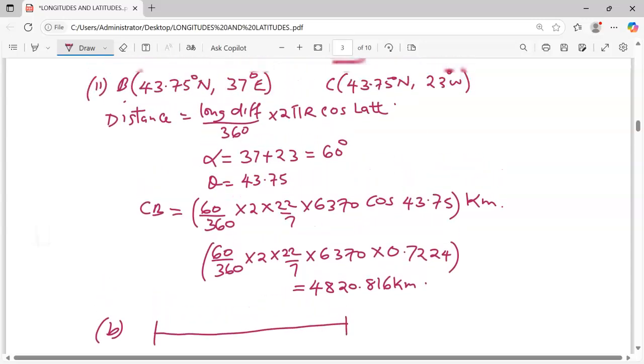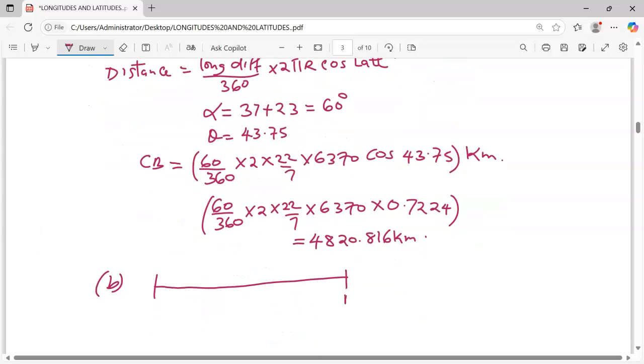We have point B and also a point C. C is 43.75 degrees north, but 23 degrees west, and B is 43.75 degrees north, but 37 degrees east.